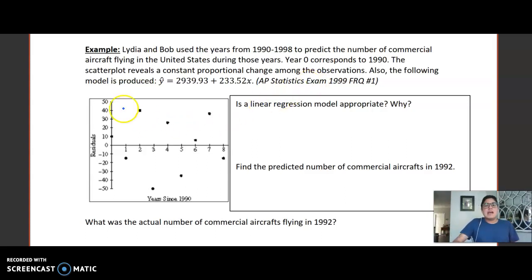So here you can see we have only our residual plot, so I don't know much about the scatter plot, except that it reveals a constant proportional change, so it's got to be relatively linear there. Now, is a linear regression model appropriate? Why?